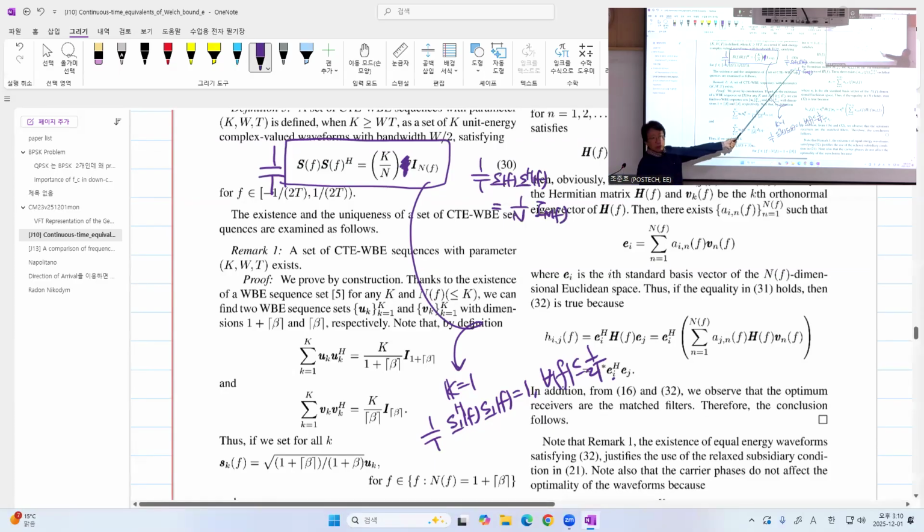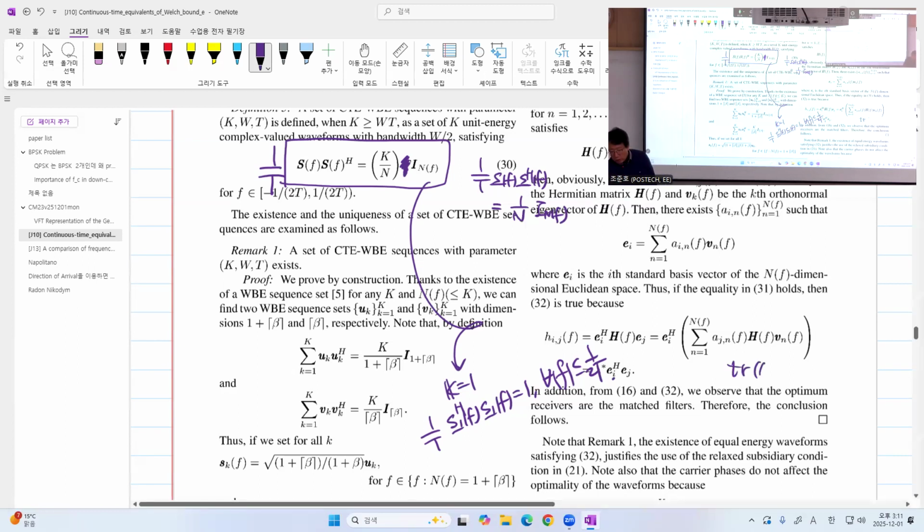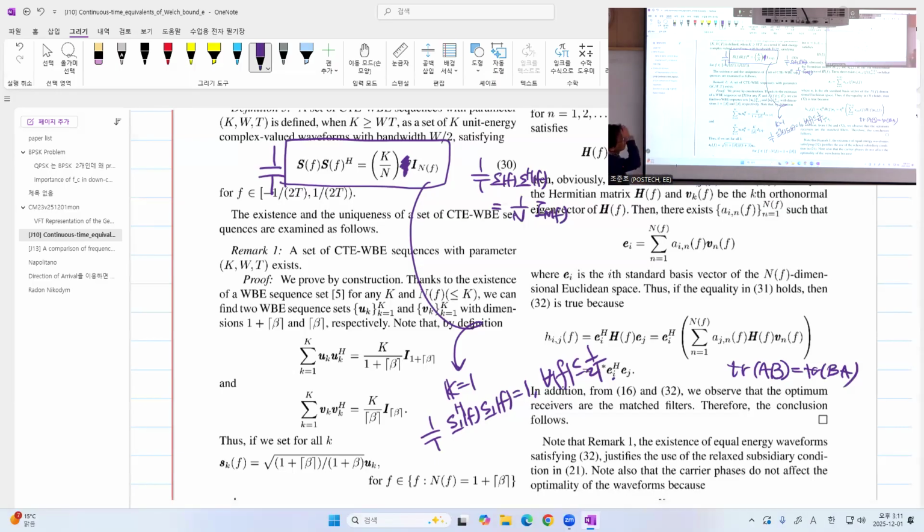And what do you want to do with this one? This implies if we take the trace, then what happens? If we take the trace, these two vectors can switch the order, right? You know that trace of AB is trace of BA when the sizes of the matrices allow the multiplication, right? So if we take the trace, then the left-hand side becomes that one.